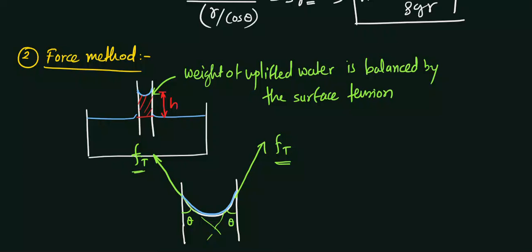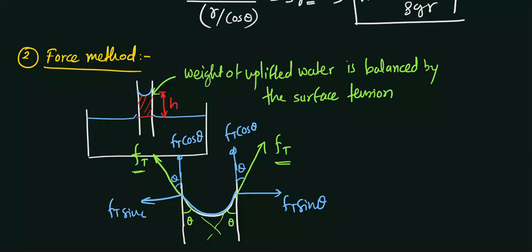If you take the components, this will also be theta. So this will be Ft sin theta, and this will be Ft cos theta. Here also it will be Ft cos theta, and this will be Ft sin theta.